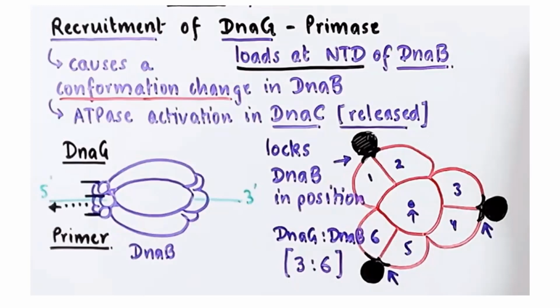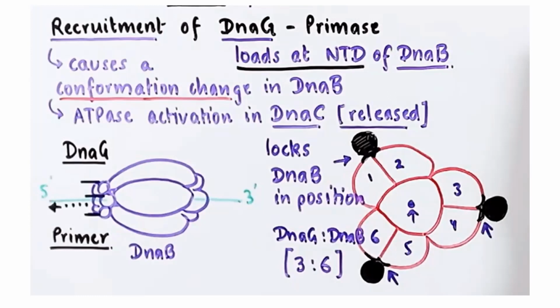This lock causes the loader protein to be released. Interestingly, here also there are three DNA-G proteins for the entire helicase, the same ratio as we saw with DNA-C. In this view, DNA-C is released and the primase is bound to the N-terminal region, which makes primer.